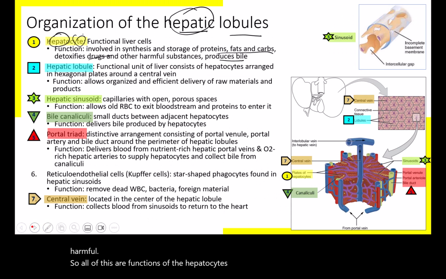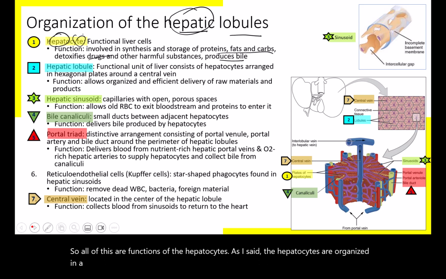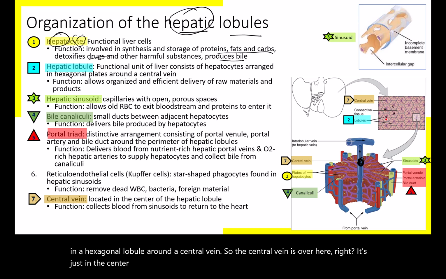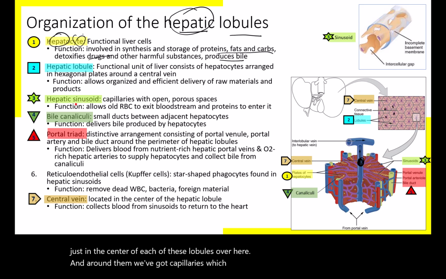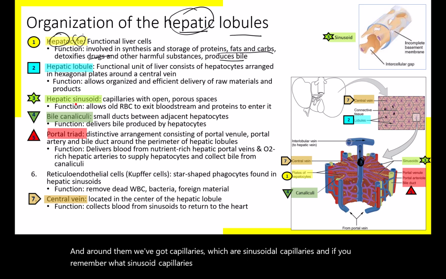As I said, the hepatocytes are organized in a hexagonal lobule around a central vein. The central vein is over here, right? It's just in the center of each of these lobules. And around them, we've got capillaries, which are sinusoidal capillaries. If you remember what sinusoid capillaries are like, they've got an incomplete basement membrane with gaps in between the endothelium.